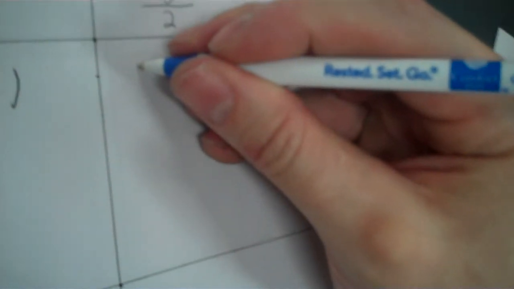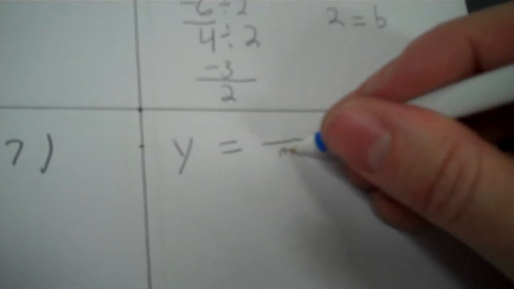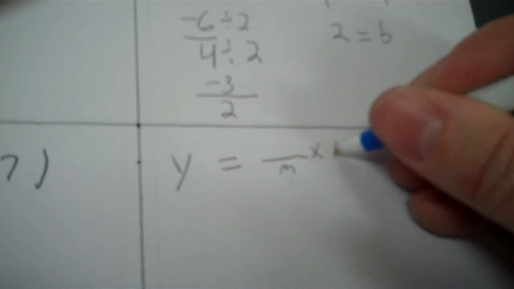Okay, next problem. Remember, we need an equals. Remember, that's how you set it up, okay? Now you got to find your m and your b. M is the slope, b is the y-intercept, okay? So the slope is y minus y over x minus x.